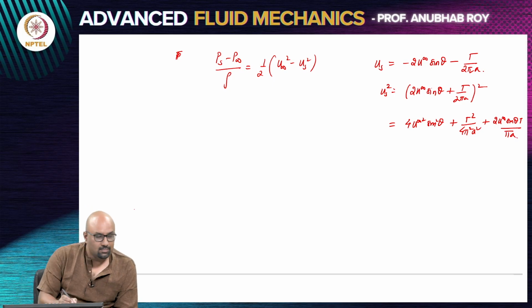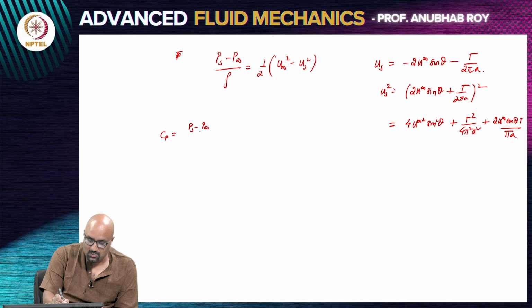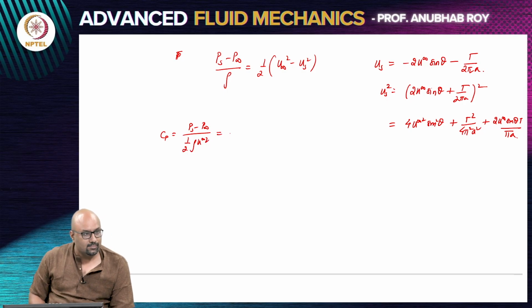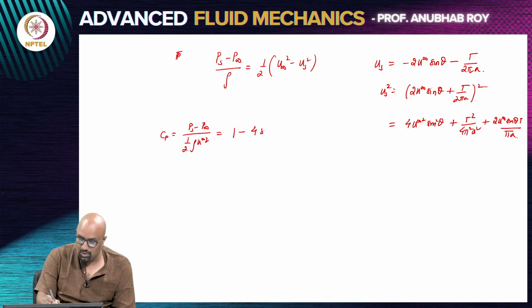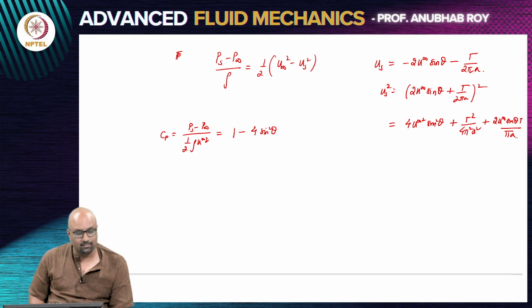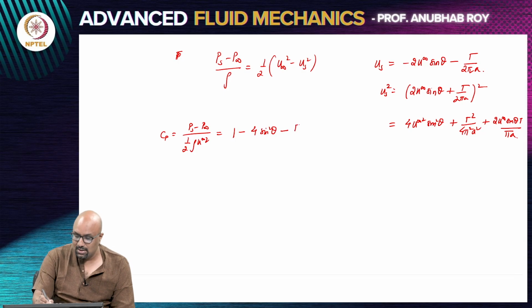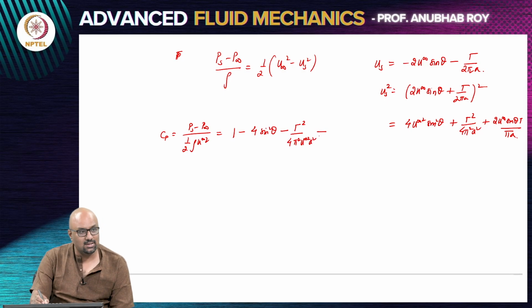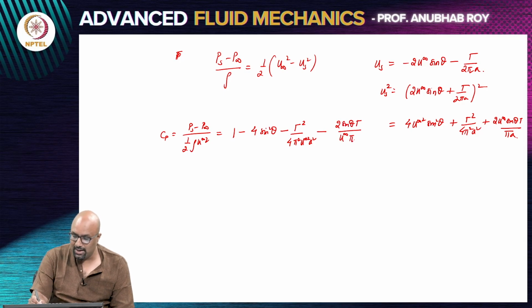So your Cp, if you want to write a Cp, that is Ps minus P infinity by half rho u infinity square, is going to be 1 minus 4 sin square theta minus gamma square by 4 pi square u infinity square a square minus 2 sin theta gamma by u infinity pi a.